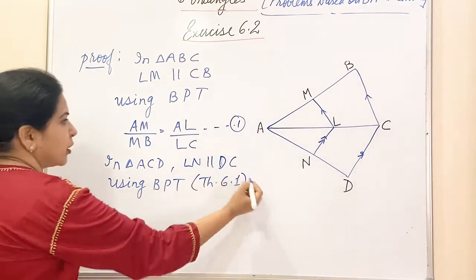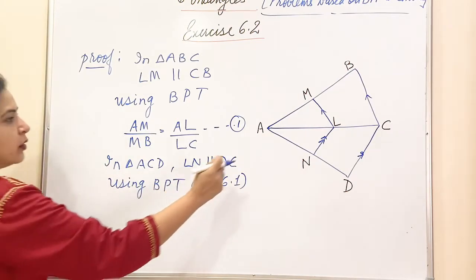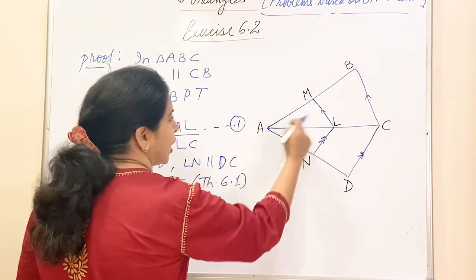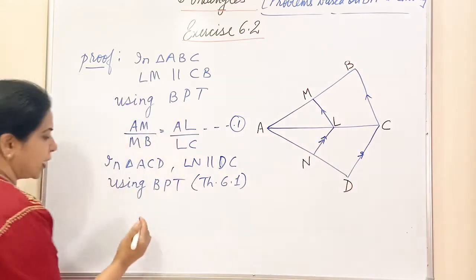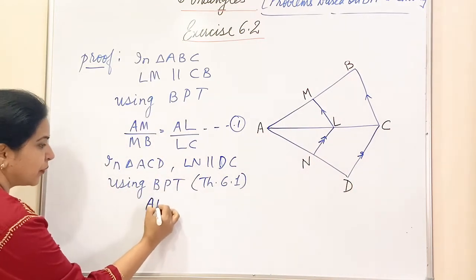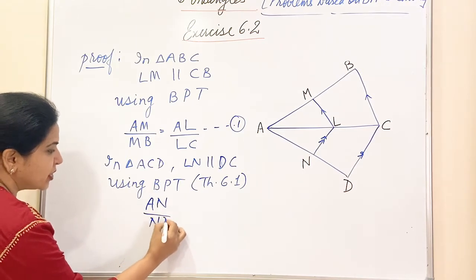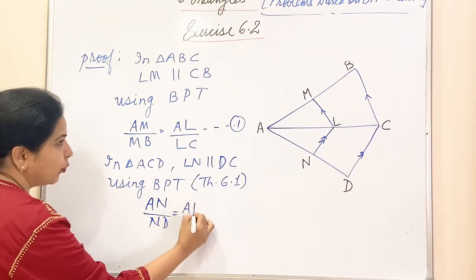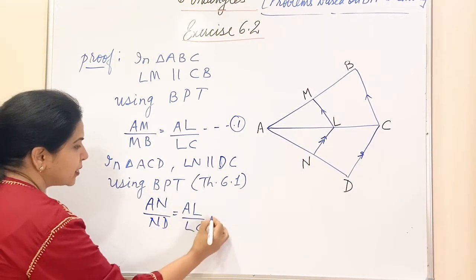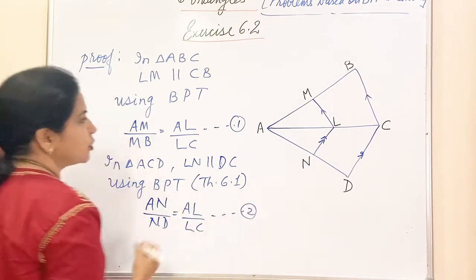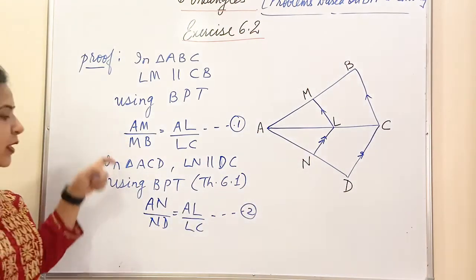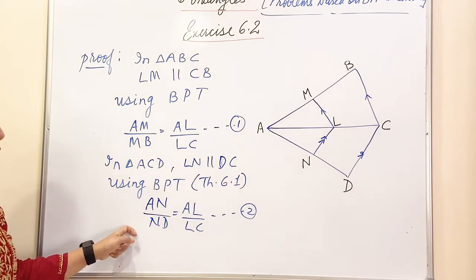So using theorem 6.1, the lines are parallel, so the other two sides of the triangle are divided in the same ratio. That is AN by ND is equal to AL by LC. This is equation 2. Now compare equation 1 and equation 2.